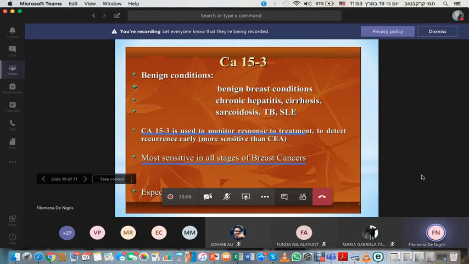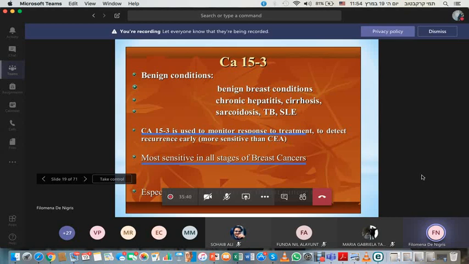CA15-3 is also present in benign conditions, also when we have hepatitis. The problem is again the same. When we have cellular alteration due to infection, due to inflammatory situation, cells try to produce something that was originally present during early life, during fetal life.